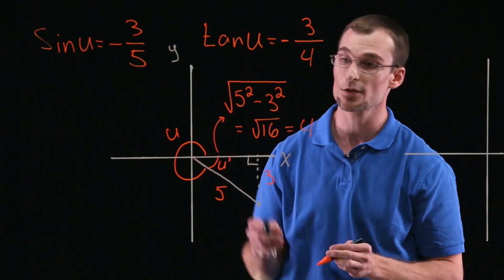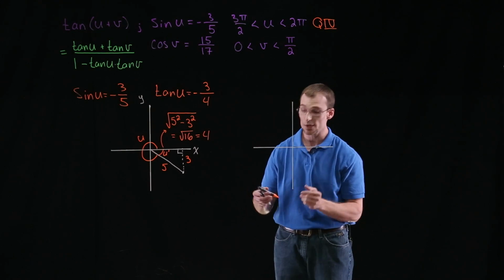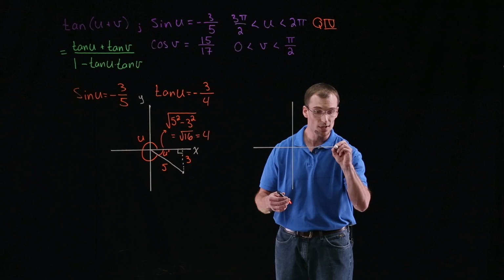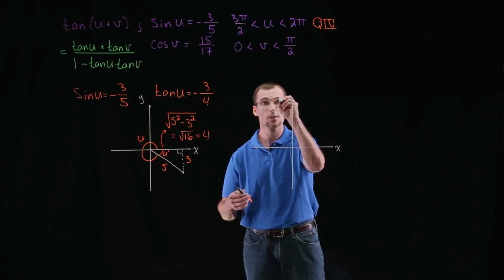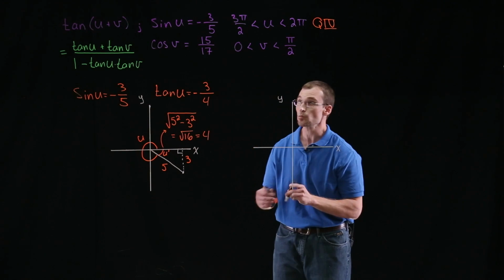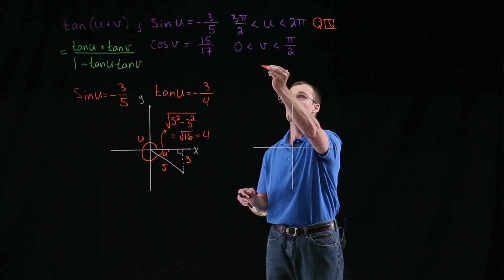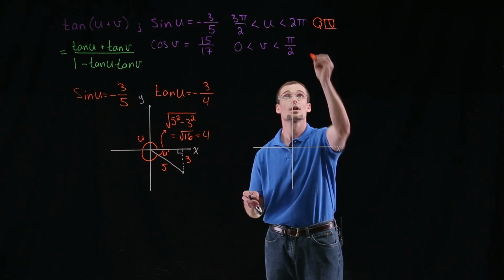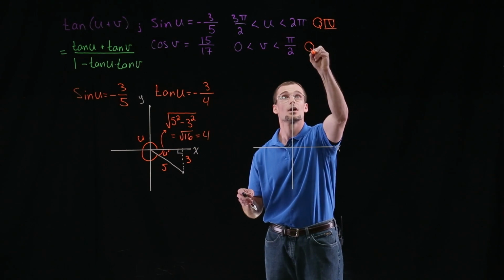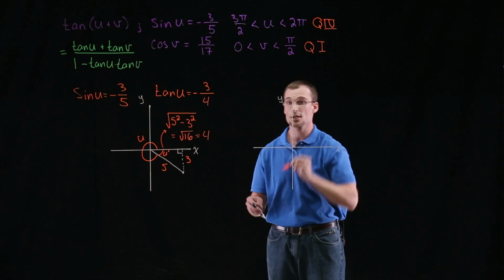Now all we need is tangent of v. And coming over here, we're going to do the same thing. So considering the xy plane and our angle v, which is between 0 and pi over 2, namely that tells us that this angle is in quadrant 1.